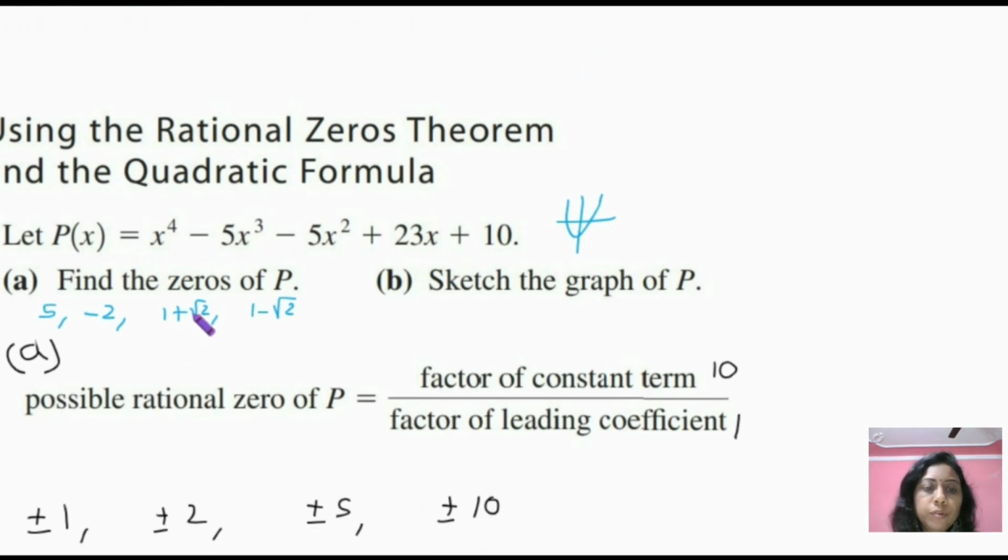Okay, and when we put square root 2 as 1.4, we get 2.4, and for the other we get negative 0.4. Okay, so our zeros are 5, minus 2, 2.4, and minus 0.4.